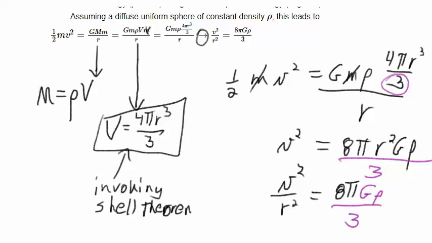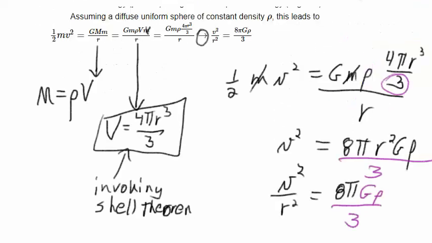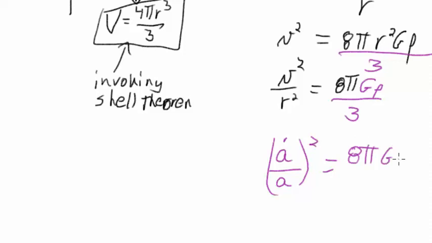And what will we do then? At this point we could say a dot over a squared, because the velocity is basically the change in the r position over time, equals 8 pi G rho over 3.